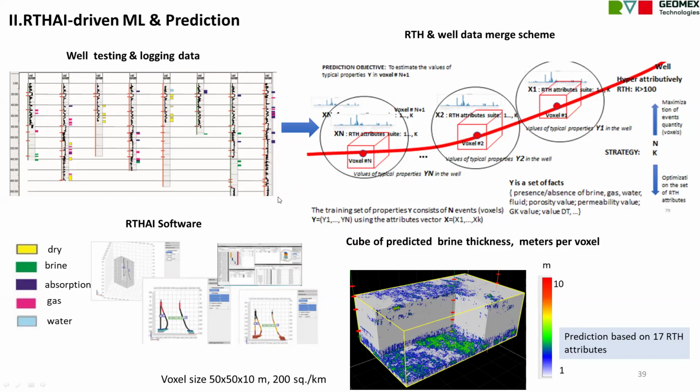Machine learning: we use well testing and logging data and a machine learning merge scheme. The idea is to need as few attributes as possible, a minimization of the quantity of attributes.